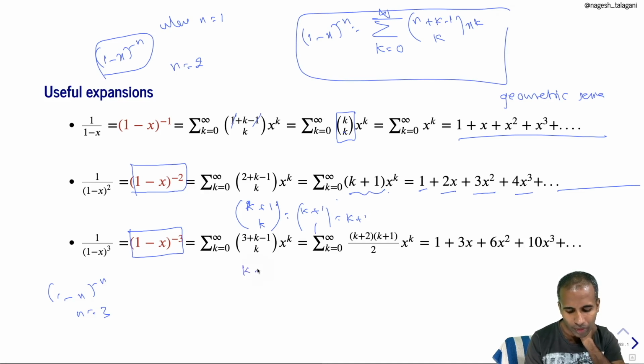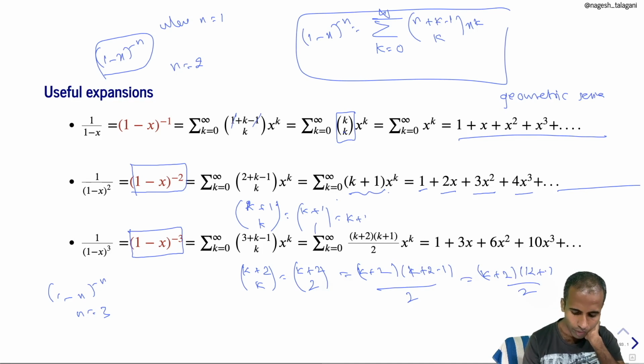This you can write as k plus 2 choose k, same as k plus 2 choose 2, which is going to be k plus 2 into k plus 2 minus 1 by 2. So which is k plus 2 into k plus 1 by 2. Okay, fine. So this will give you 1 plus 3x plus 6x square plus 10x cube and so on.